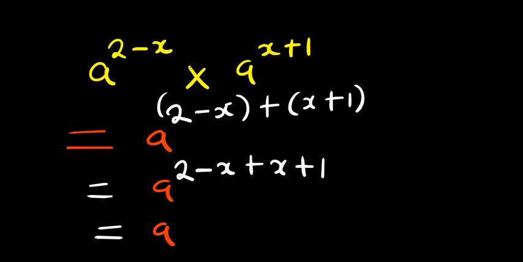So 2, let's put the like terms together. So this is minus x, this is plus x, and they're adding. So every time you're adding and the symbols are different, you are going to be subtracting. Okay.